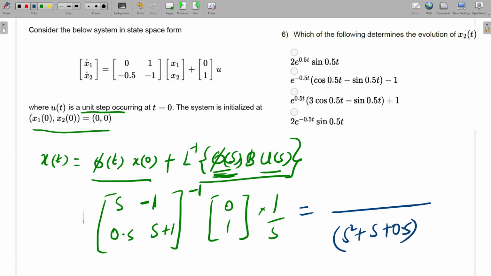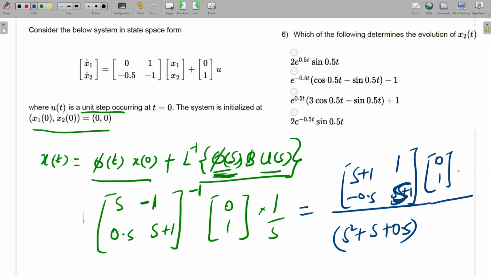Is it correct? S square plus s plus 0.5, and in the numerator it will be s plus 1. So here it will come s, and here it will be s plus 1, and 1, minus 0.5. That will be the adjoint of that matrix. Then 0, 1, into 1 by s.